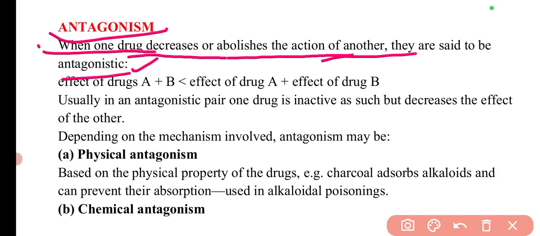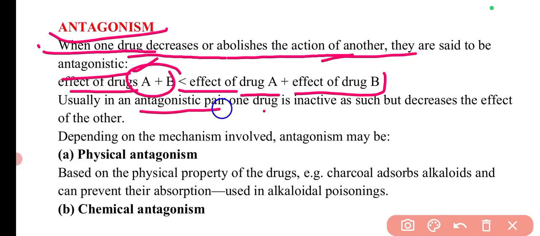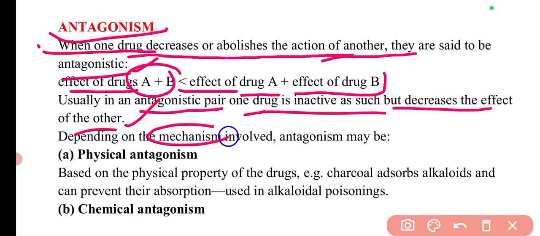So if you can see in the example, the effect of drugs A plus B will be less as compared to when drug A and drug B are given separately. Usually in an antagonistic pair, one drug is inactive, and it will decrease the effect of the other. Depending upon the mechanism involved, antagonism can be of different types, and from this particular part the question can be asked.